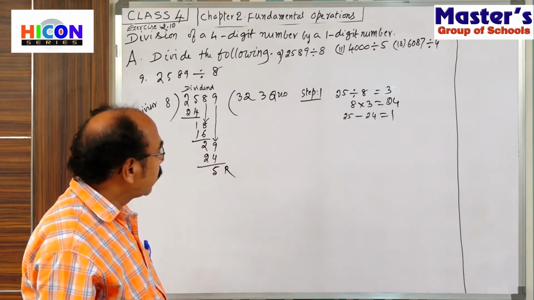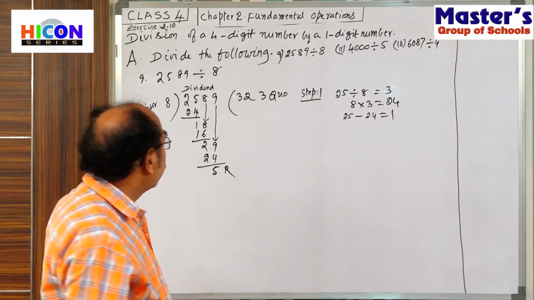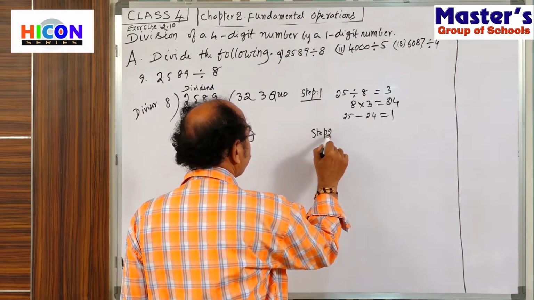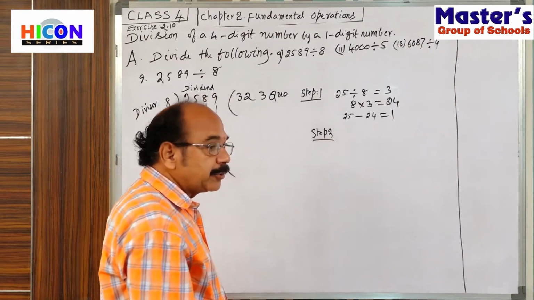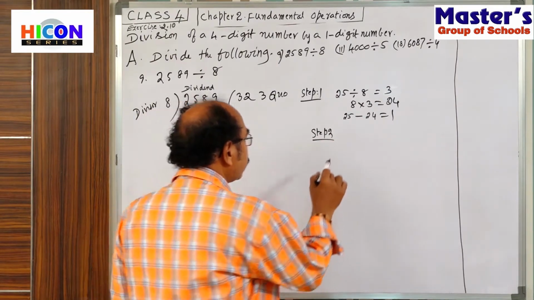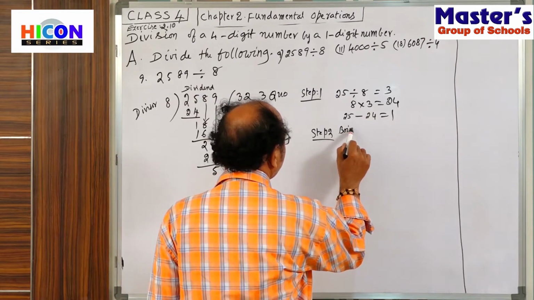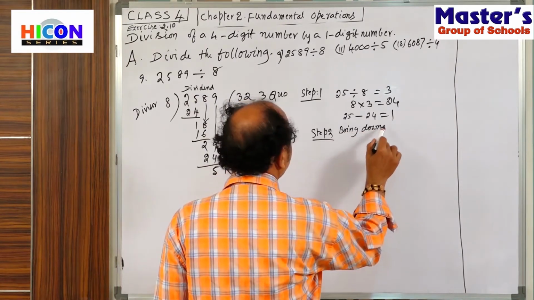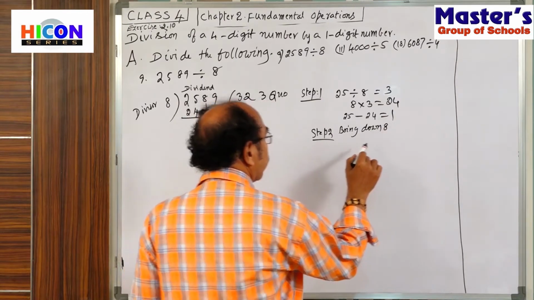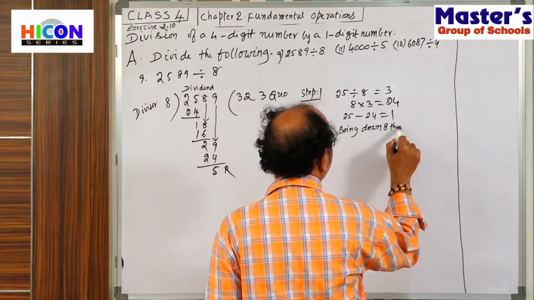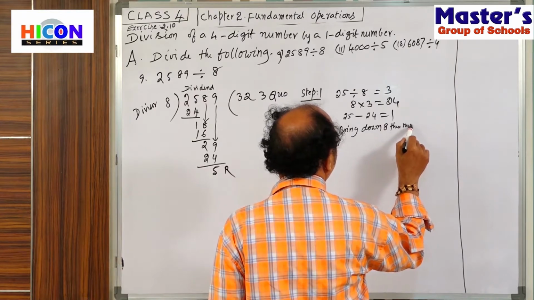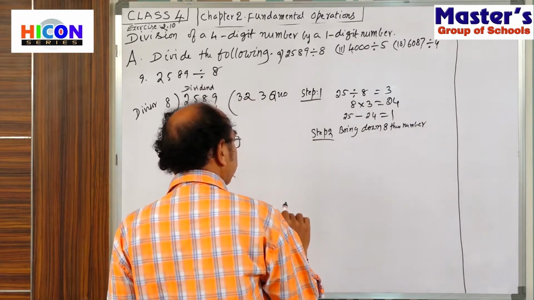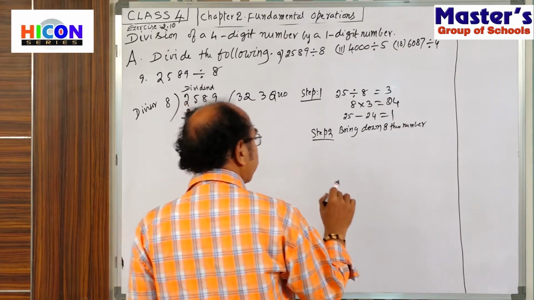Now in step 2, bring down 8. Then the number, that means the next dividend.